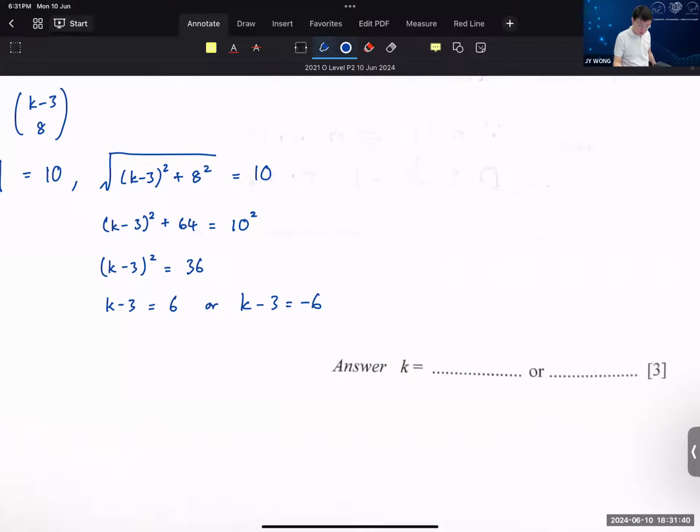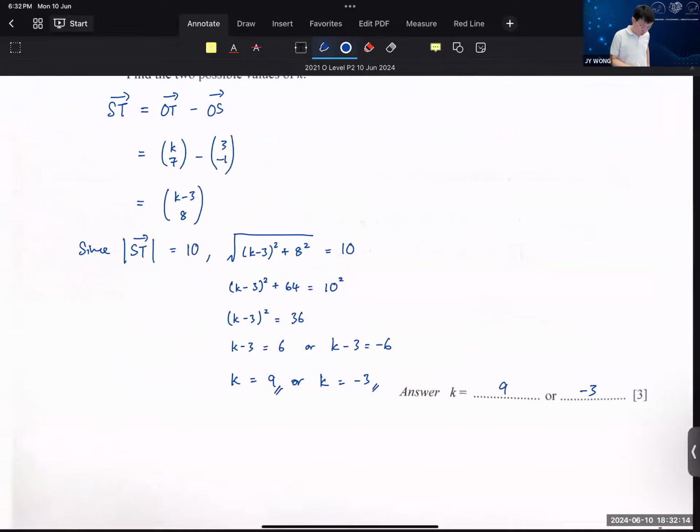So the answer is k equals 9 or k equals negative 3. So still quite straightforward.